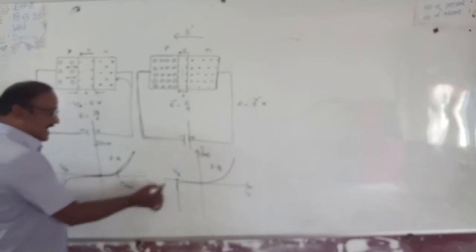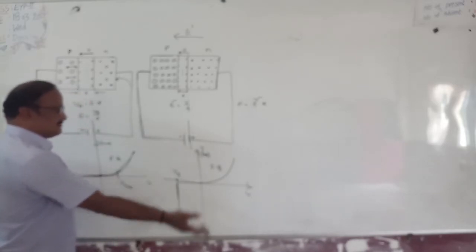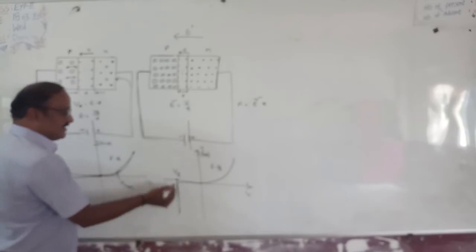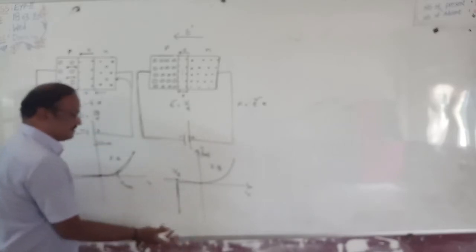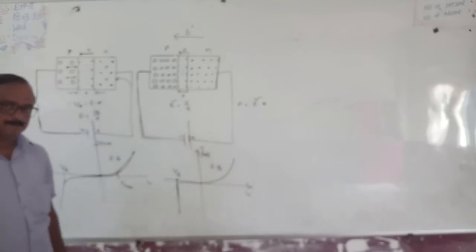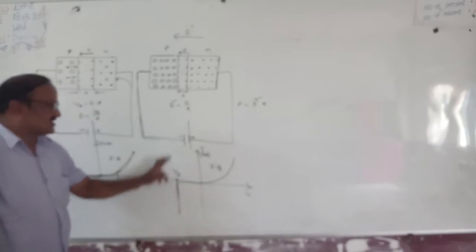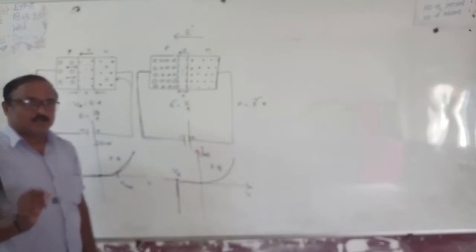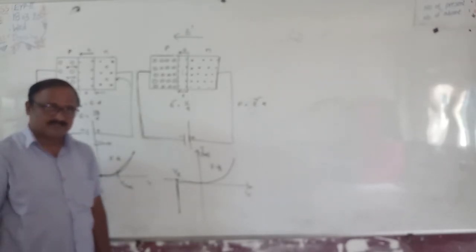So at Vz, the current through the Zener diode becomes maximum. That's why there is no need to increase the potential difference to increase the current, because at this particular potential difference the current becomes maximum. Due to this reason, the Zener diode can be used as a voltage regulator in our electrical appliances.